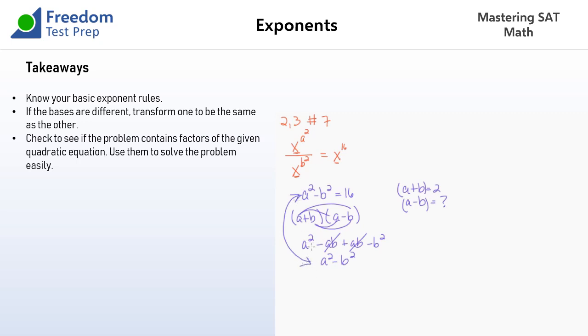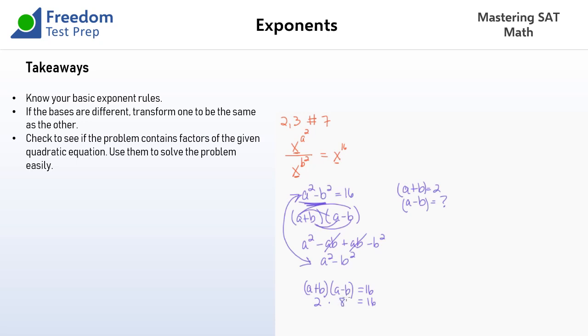Okay, excuse me. So now I'm going to rewrite it. We've got a plus b, a minus b. We know that's equal to a squared minus b squared, and we know that it's equal to 16. They told us that a plus b is 2. We know this is 2. So 2 times what is 16?